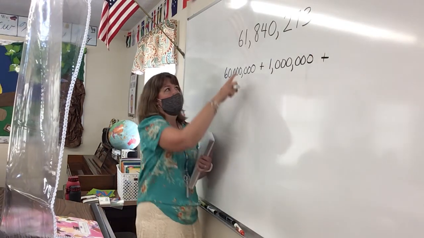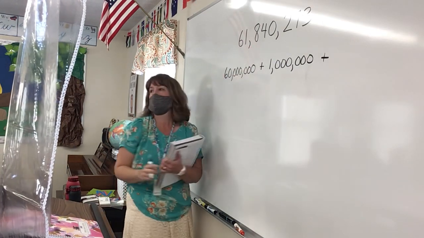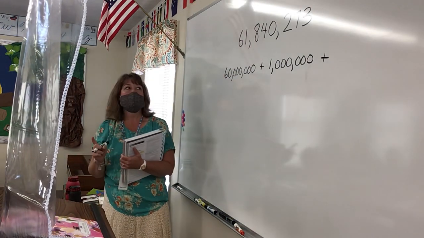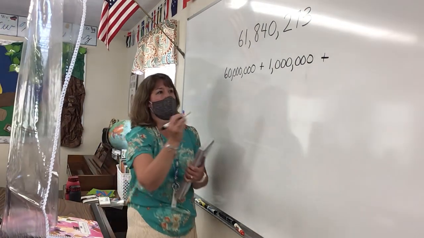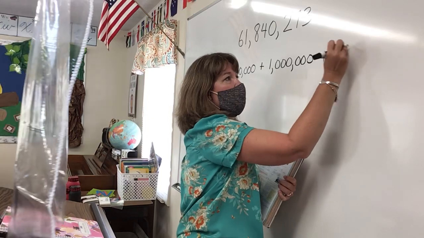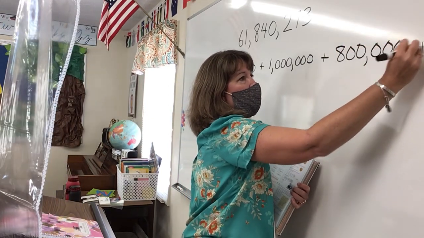Plus, now we're going to go to the next place value. What's the value of the 8? 800,000. So you're going to write 800,000.